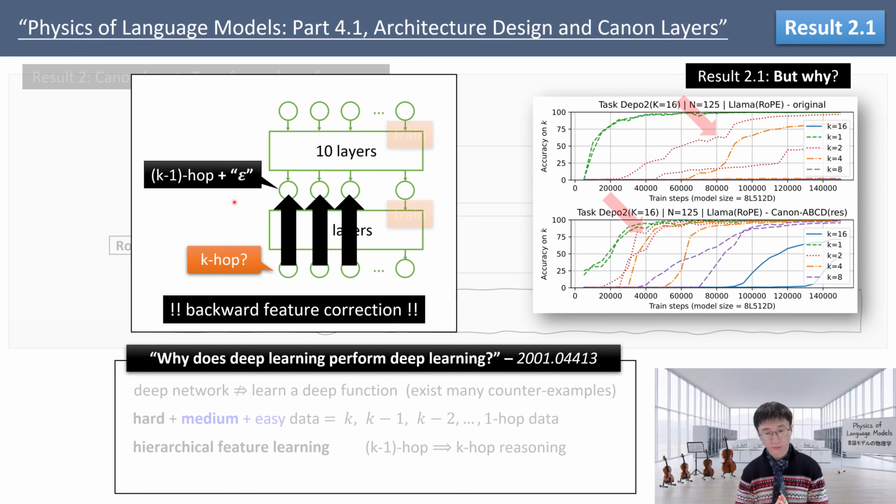Let me explain. Suppose you only fit the task of k-1 hop reasoning for the intermediate layer. All you need to do is to answer what is the next token, right? Next token prediction. So you may be overfitting, and you may already be forgetting at this layer many of the important information. For instance, what is k?